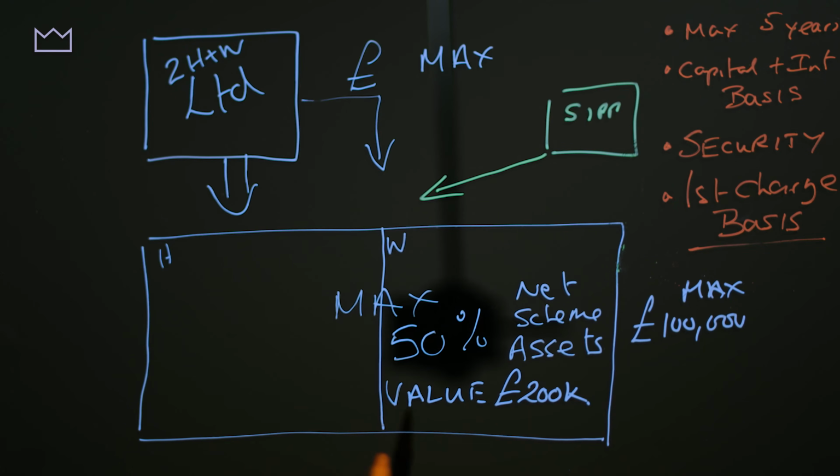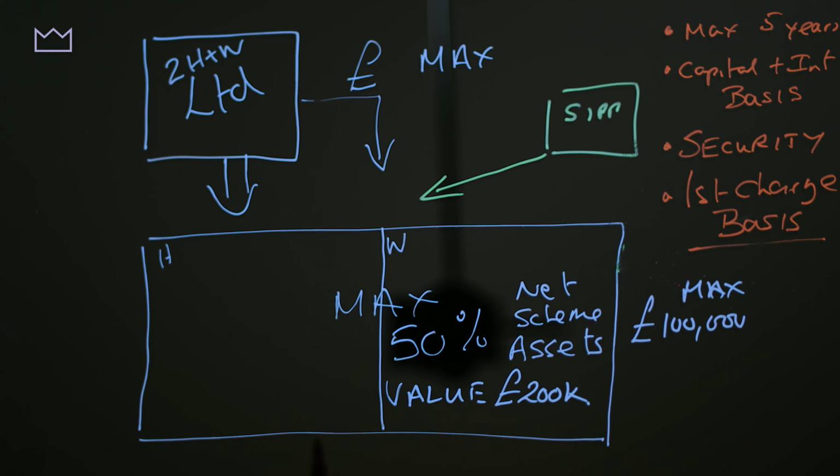Don't forget, it must be a maximum of 5 years, and capital and interest payments must be made. If you miss the payments, it's a reportable offence to the Revenue, and they will issue a tax charge accordingly. So if you're going to do loans back to the sponsoring employer, and it is a great facility inside a SSAS, and you certainly can't do it inside a SIPP, you need to make sure that you take the commitment on very seriously indeed.